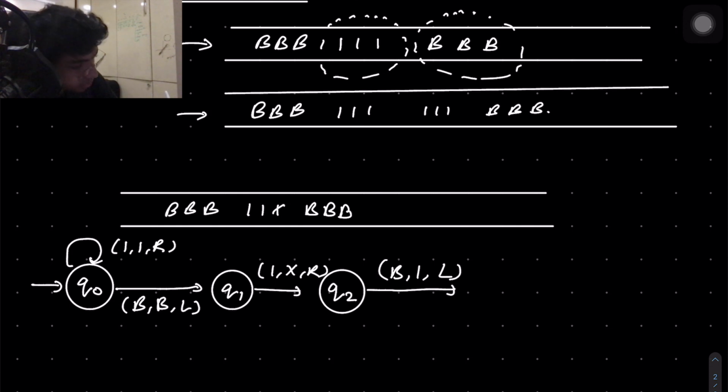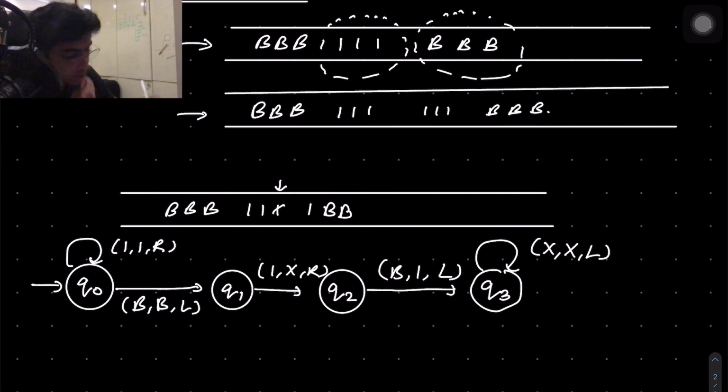Okay, so this B is now a 1 and my pointer is at X. So Q3, if you are at an X, go left. And when you see a 1, then let's just loop this up.